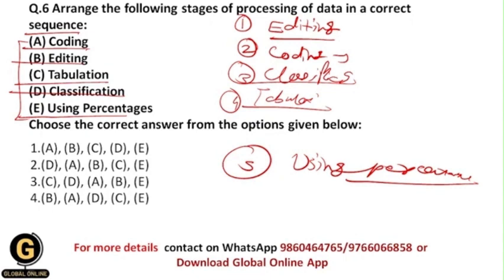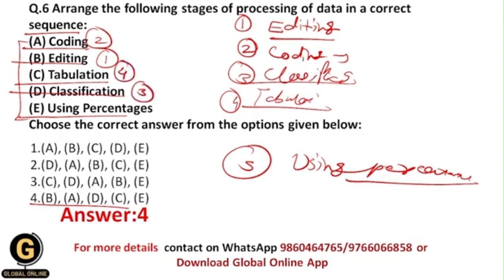Showing the data using percentages will be easier for the readers to understand exactly what amount of data is available. Okay, and that's why your correct answer should be 4, which is BADCE, because over here B, editing, will be your first stage, coding your second stage, classification your third, tabulation fourth, and using percentages will be the fifth stage.